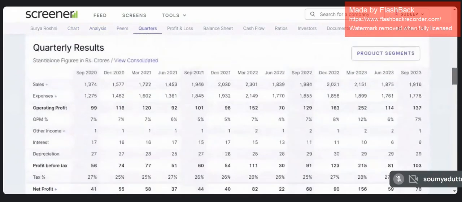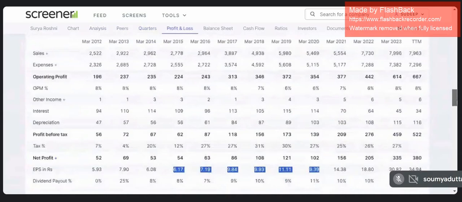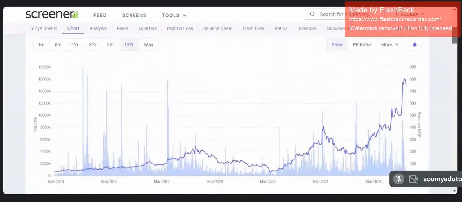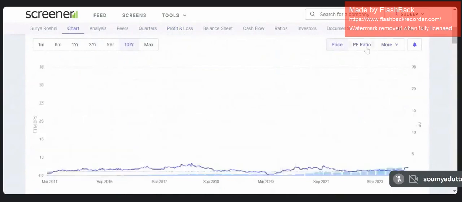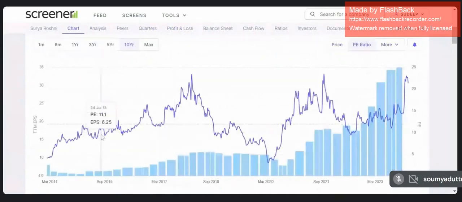Now in 2017, let's calculate the fair value here. Your EPS is at 9.84. Let's say you expected 10% growth. So it comes to somewhere around 11. Now, what was the PE used to give at that time? Your PE was somewhere around 10 to 11.